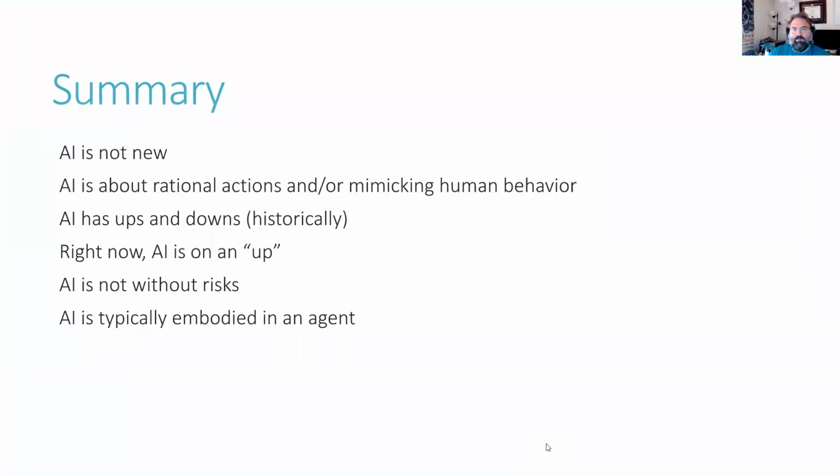So we've basically gone over the high level field of AI. It's not new. It's been around for some time. It is about rational actions and, or depending upon your school of thought, mimicking human behavior. There are good and bad things associated with it, and there are historically, and I went over them a little briefly. There have been these things called winters, AI winters, that happen periodically, and they're periods of disillusionment with the technology.